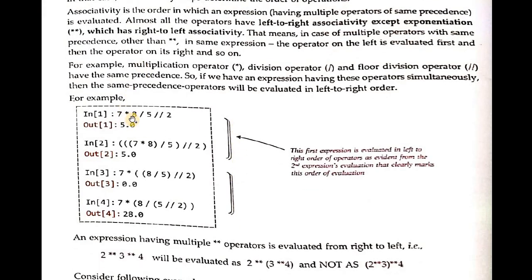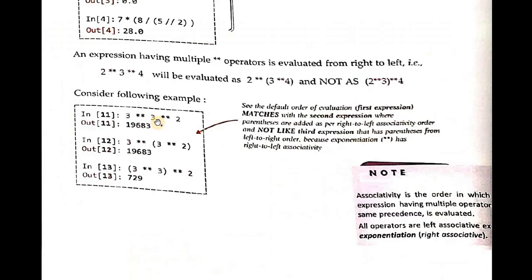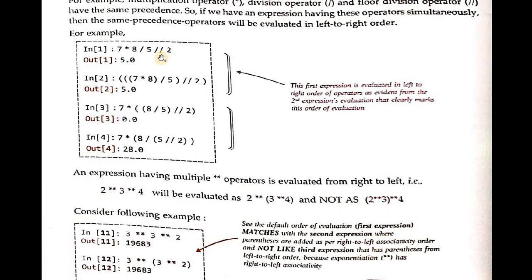So 7 multiplied by 8 divided by 5 floor division by 2. Look at here, multiplication, division, and floor division, all operators have the same priority. So in which order will they evaluate? All having the same level of priority, so it will evaluate from left to right. This is called operator associativity.